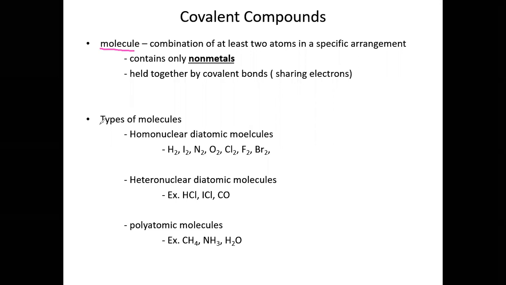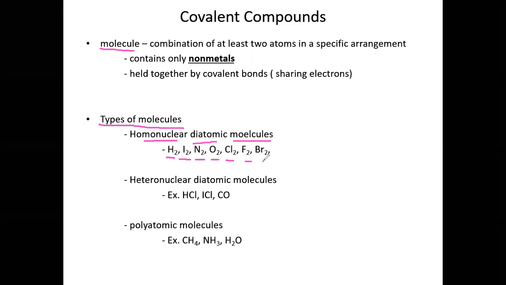And there are many different types of molecules. The first ones are called homonuclear diatomic molecules. Diatomic means 2 atoms make up the molecule. Homonuclear means they're the same type of atom. You need to know that these elements exist as diatomic molecules.